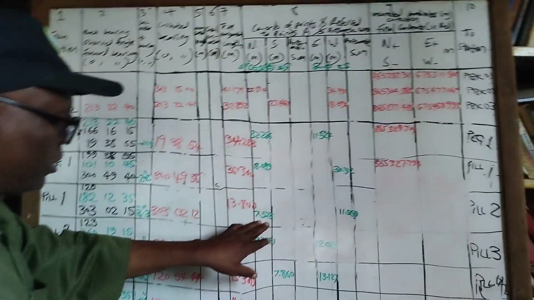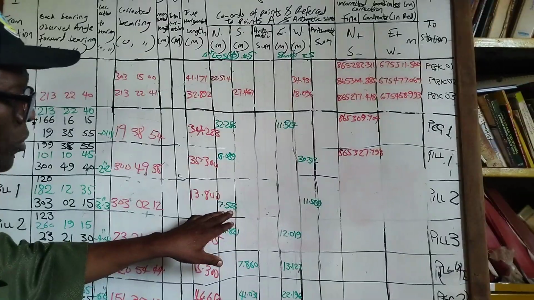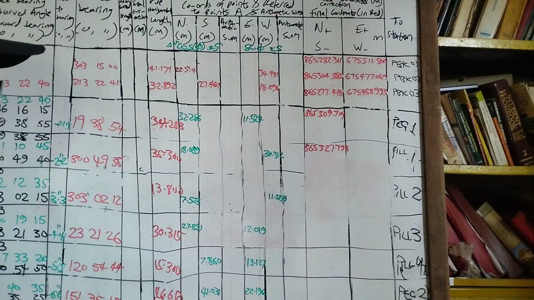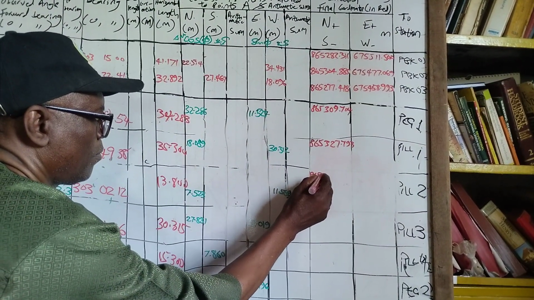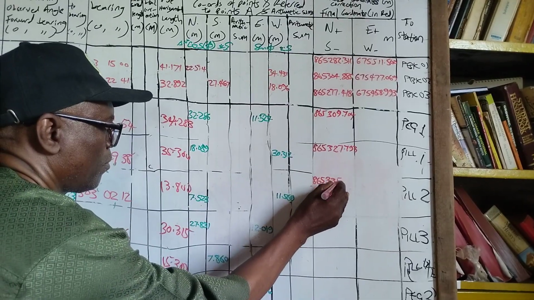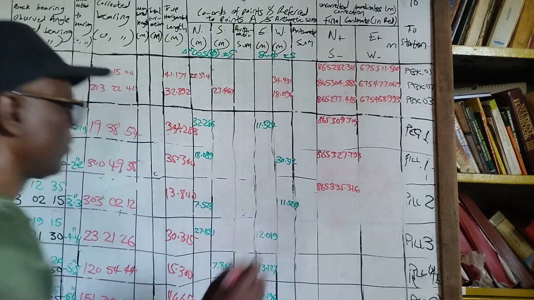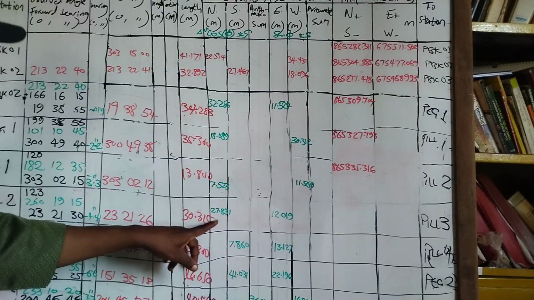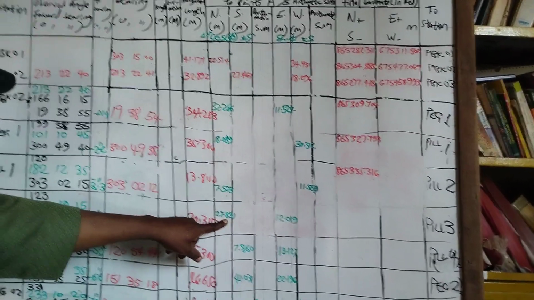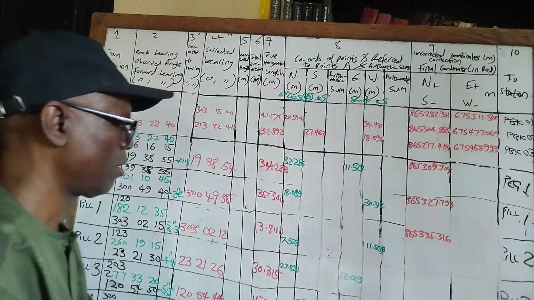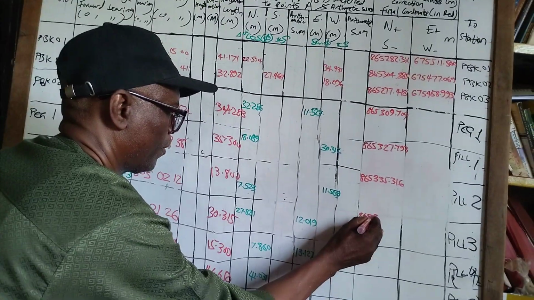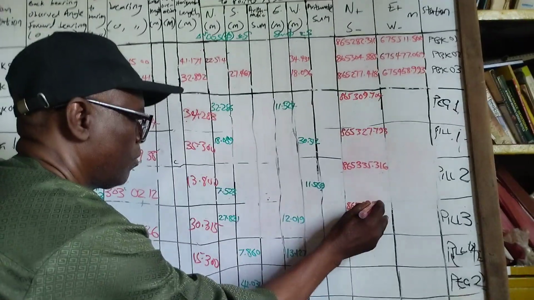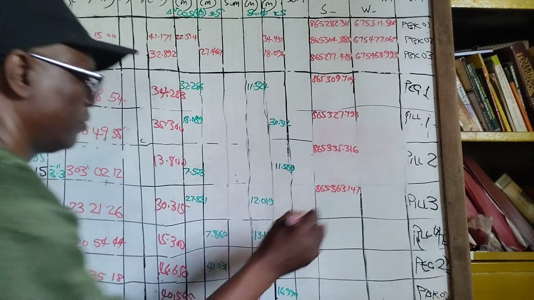Still don't delete it. We are still in plus. Add 7.523 to it: 865335.316. Also add 27.831 to it: 865363.147.